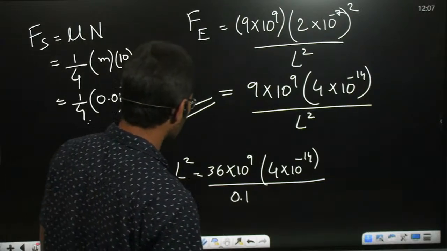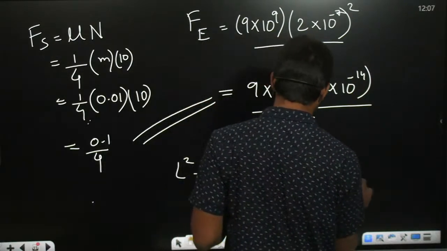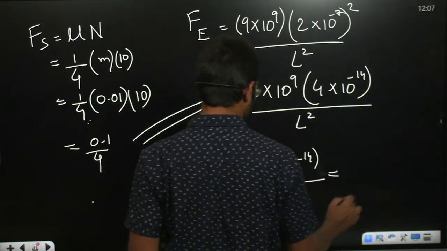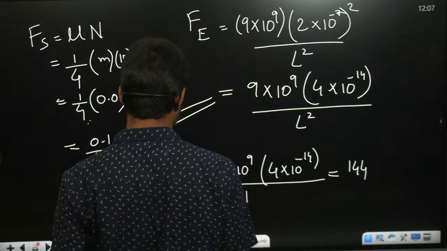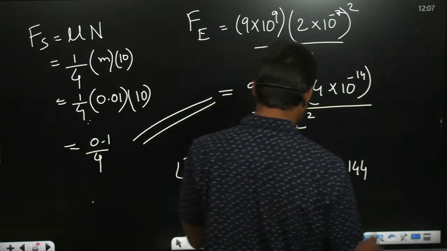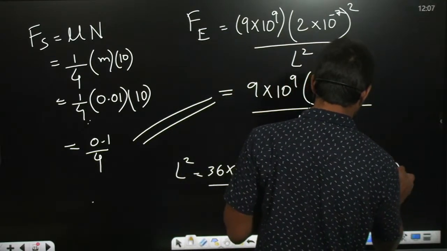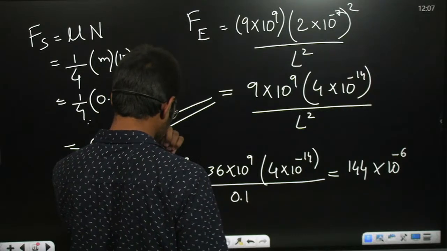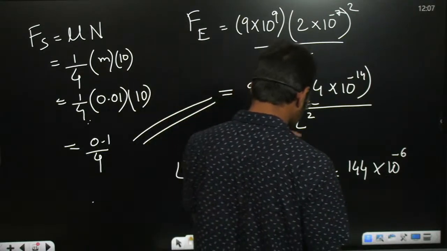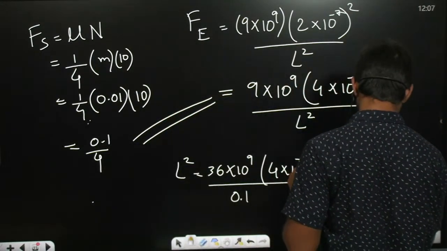If you look at this, it will be 36 into 4, 144, into 10 power minus 6.